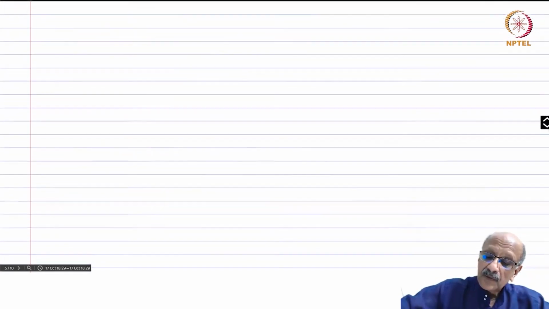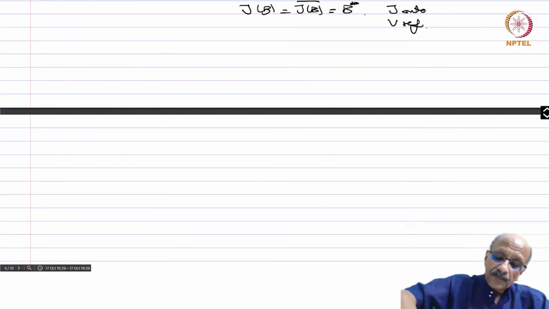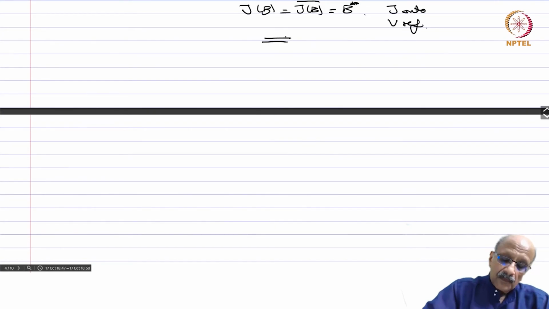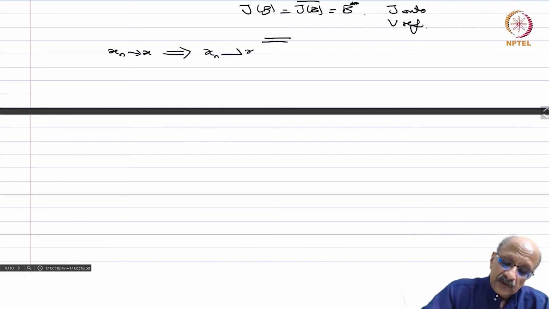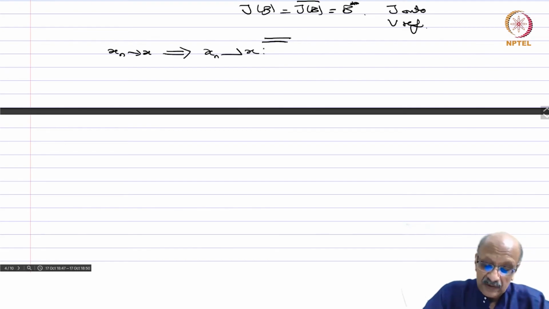Okay, so now let us suppose xn converges to x in norm, then this implies that xn converges to x weakly. This we have seen, and we have also seen that the converse is not true. We have examples like en in L2 that goes to 0 weakly, but it cannot converge strongly.